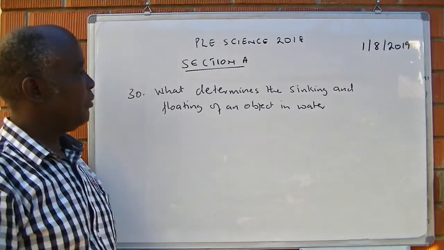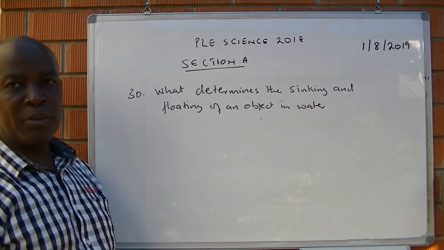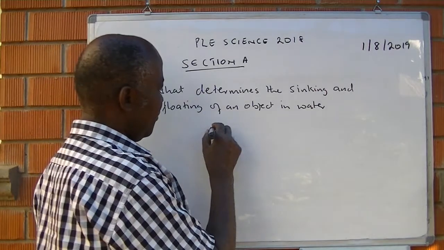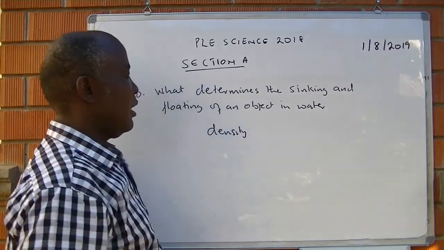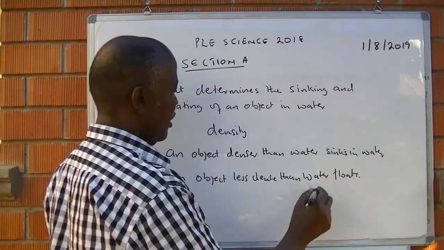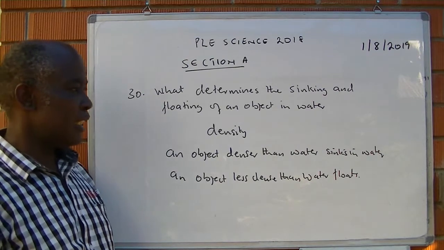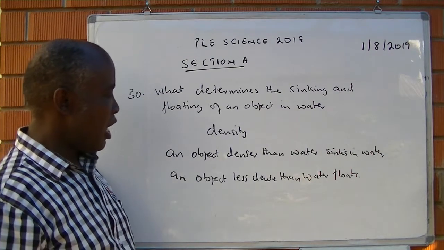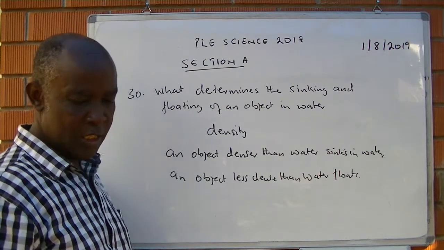Number 30. What determines the sinking and floating of an object in water? That is density. An object denser than water sinks in water. An object less dense than water floats.